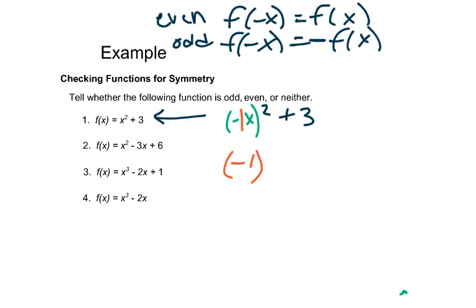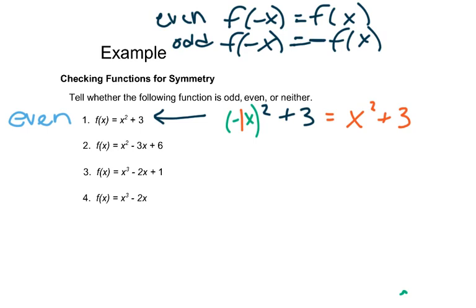Hopefully we know that negative 1 squared is actually just 1. And so officially we can get x squared, with a 1 if you wanted to keep that out front, plus 3. Looking back at what we had originally, it was x squared plus 3. We plugged in a negative x and still got the same back out. So that must mean that this one is even.